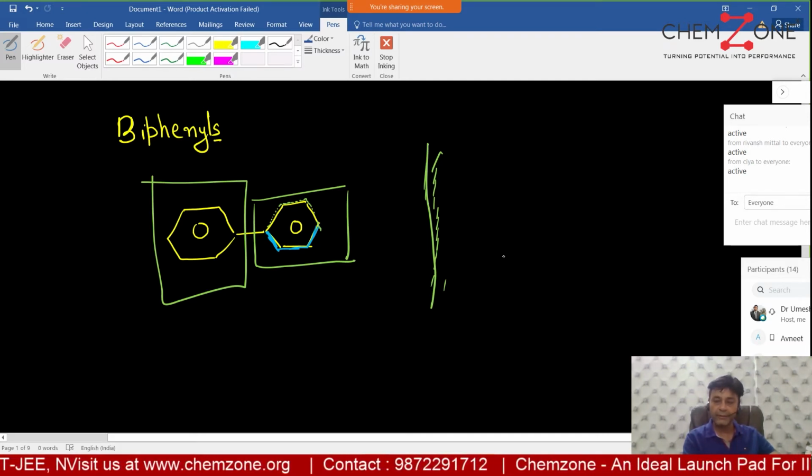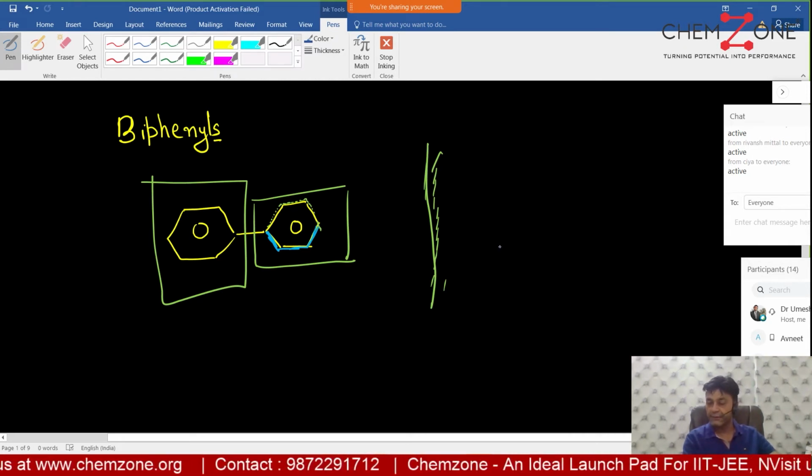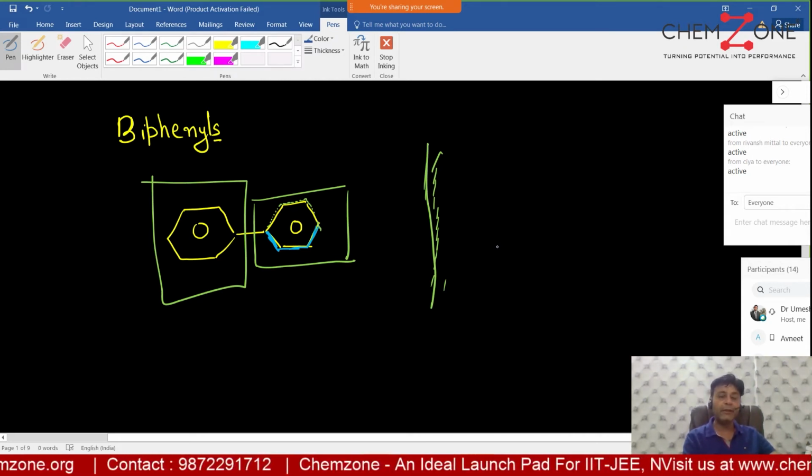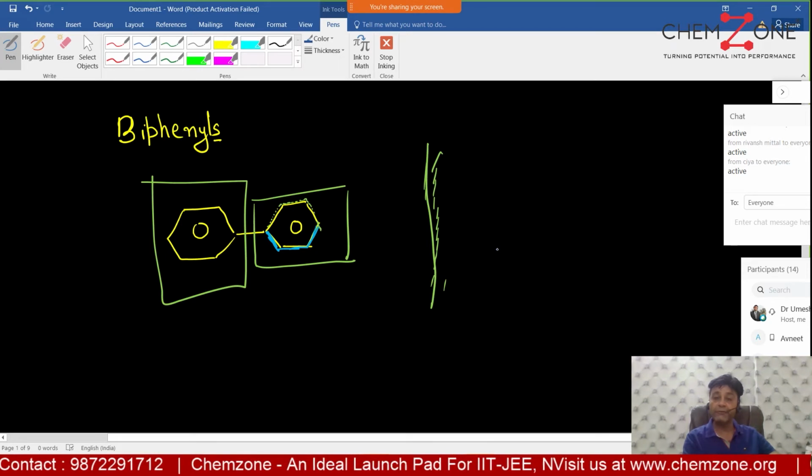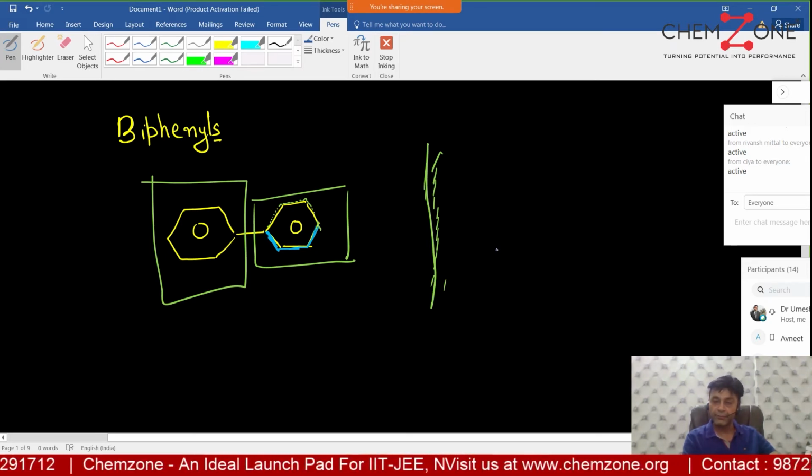Left will become right, right will become left, it will not superimpose. Laterally inverted image is formed, and this is called a biphenyl, right?